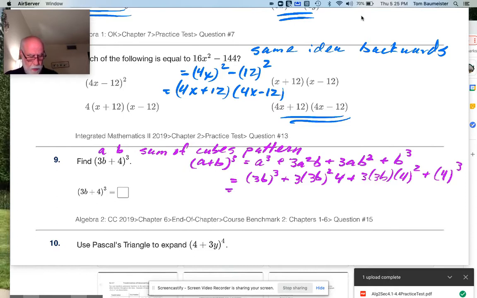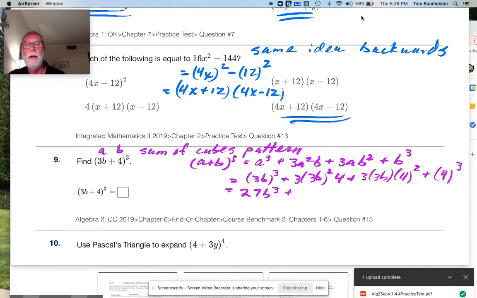All right, so let's see if I can remember what this is going to be because I didn't write it all the way down. So 3 times 3 times 3 is 27. So I'll have 27b cubed plus, let's see, 3 times 3 is 9 times 3 is 27. 27 times 4, that'll be 8, carry the 2.